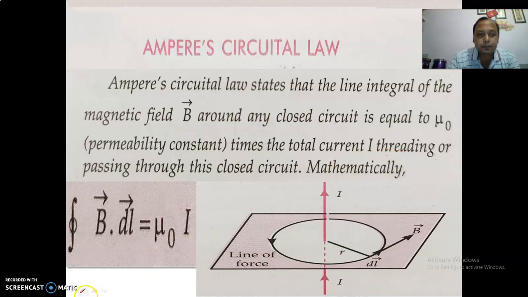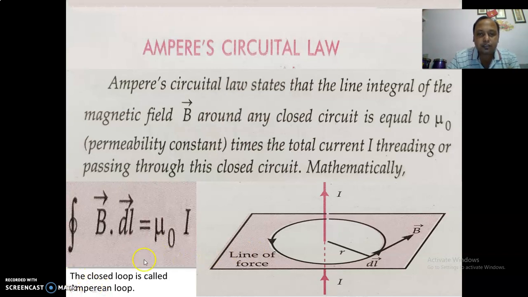If this is clear, you need to understand one more thing here, that is the closed loop, in the form of a circle we have shown here. This closed loop where the Ampere Circuital Law is used is known as Amperian loop.